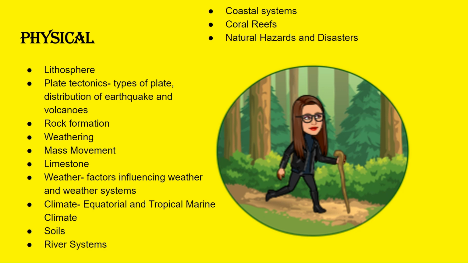You're to learn about rock formation, weathering, mass movement, limestone, weather. And with weather, you should learn about weather systems and the factors that influence weather and climate. You're to learn about climate, and you're to learn about equatorial and tropical marine climate. You're to learn about soils, river system, coastal system, coral reefs, and natural disasters and hazards.